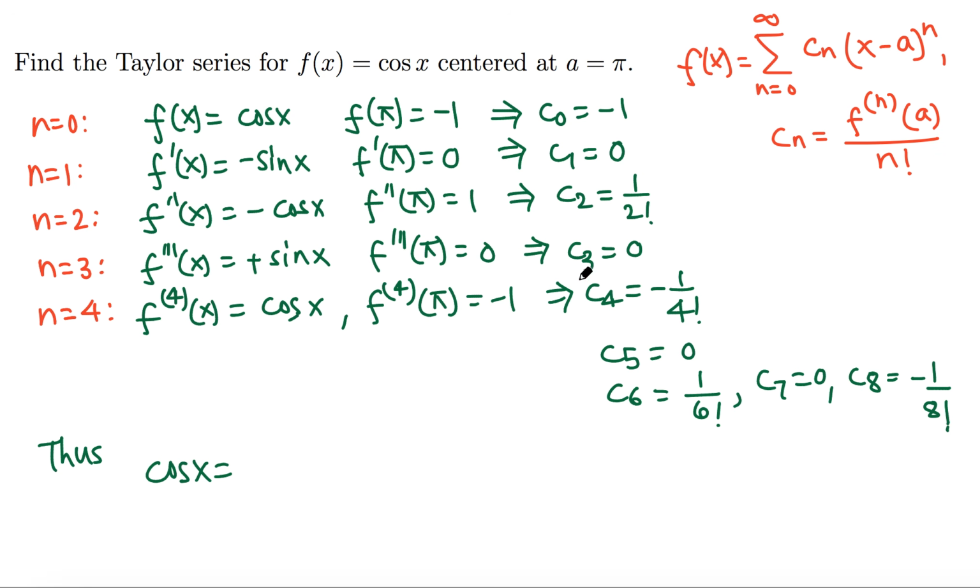Cosine x is, here's the formula. Now I want to write this in the expanded form.